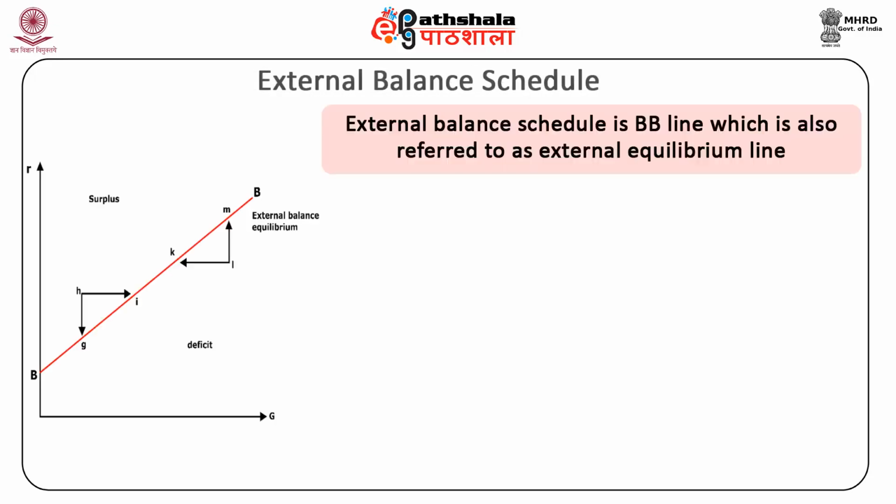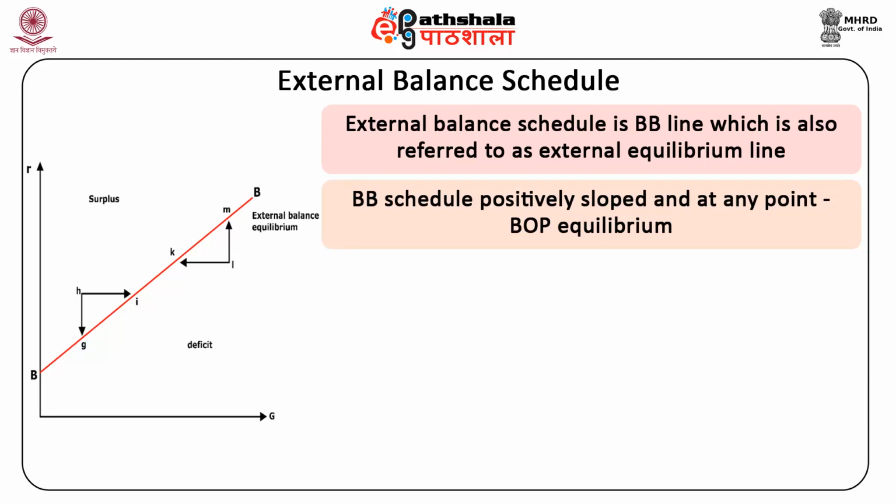In the figure, the external balance schedule is the BB line, which is also referred to as the external equilibrium line. The BB schedule is also positively sloped, and at any point on the BB schedule, there is BOP equilibrium with no overall deficits or surpluses.